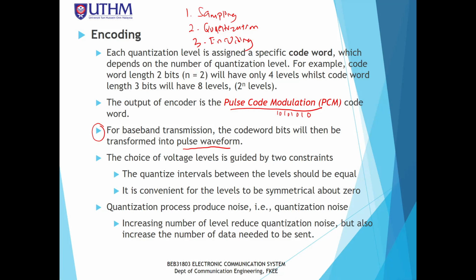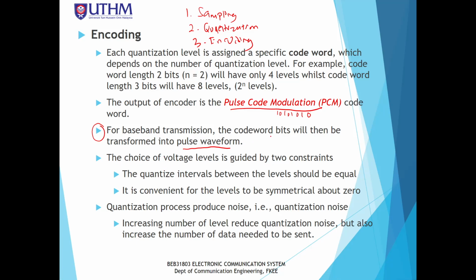PCM is a code word. So if you want to transmit this signal in baseband using a wired medium, you need to change this into electrical pulses. After you produce the PCM code, you then need to change it into pulses. For that you can use line coding, which you will see later.